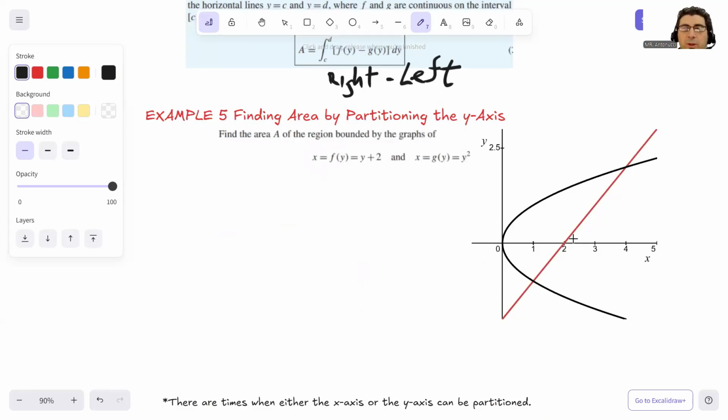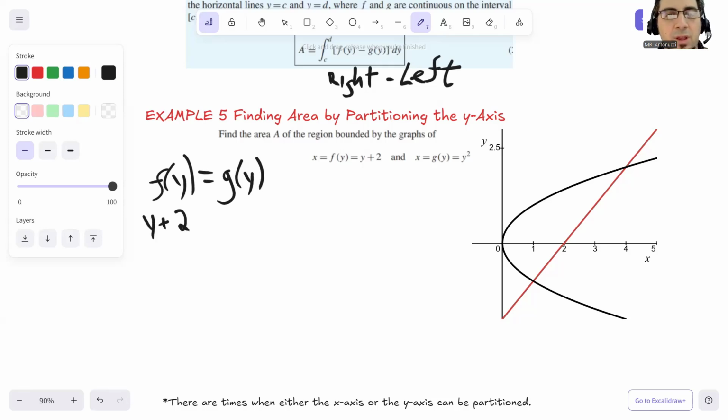So if we want to do this one, we have the area of the region bounded by the graphs of y plus 2 and y squared right here. So the first thing we need to do is find the intersection points of this. So we would have f of y equals g of y. If you're allowed Desmos or a calculator, you could do it on there, but that would be y plus 2 equals y squared.